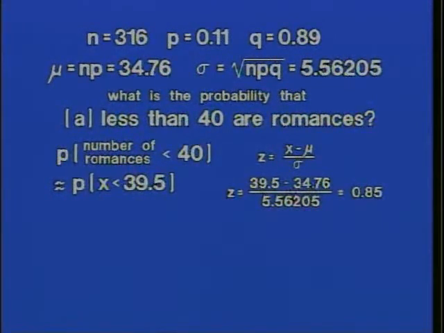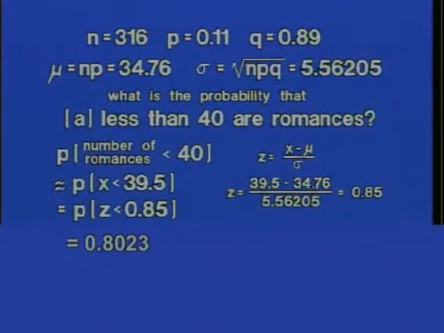Now with this 0.85 then we understand that our probability is the probability that z is less than 0.85. So we turn to the table and find that the area corresponding with a z of less than 0.85 is 0.8023. And this is the probability that less than 40 of these books that are sold on this day are romances.